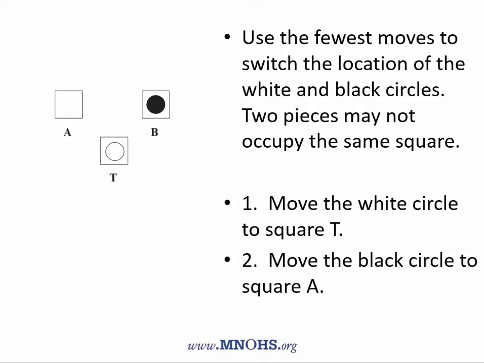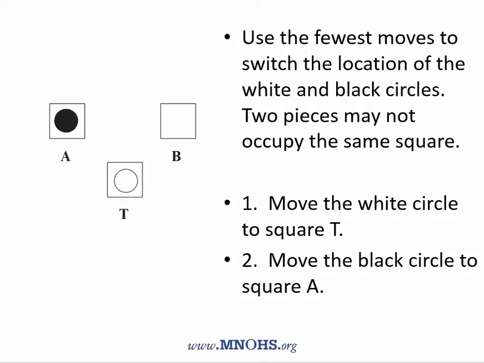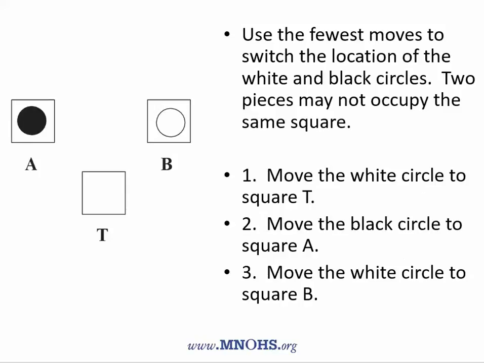The next thing I want to do is move the black circle to square A. Moving the black circle to square A gives me the black in square A and the white in square T. Remember, we eventually want the black in A and the white in B. Therefore, it makes sense that our next move would be to move the white circle to square B. This is our desired outcome.